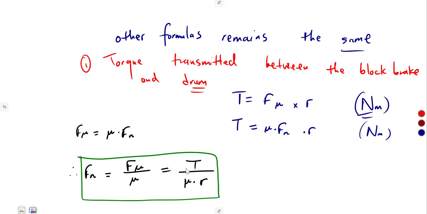Which one is easier? So we have the torque that is taken from the frictional force as we consider our block brake and the drum.